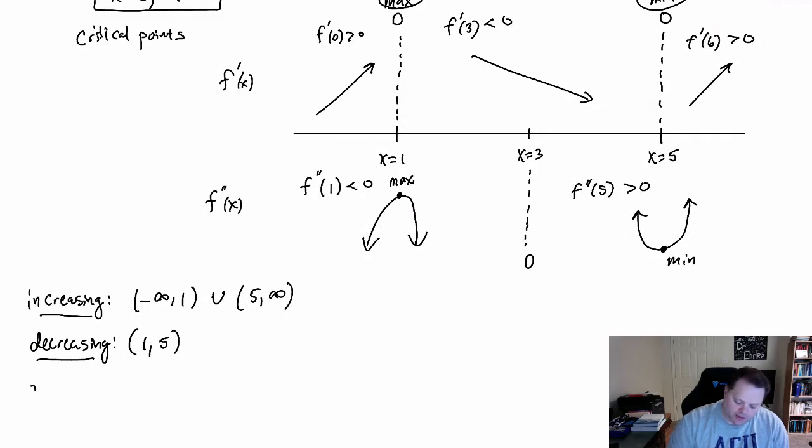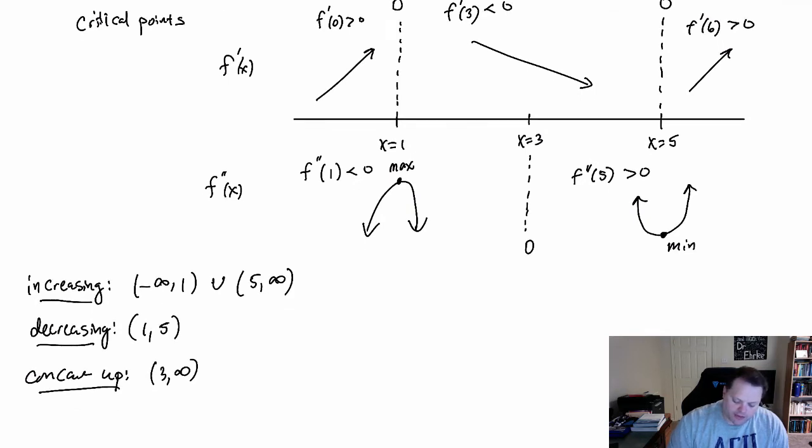The function is concave up. So looking at its second derivative, concave up over here. So that's from 3 to infinity. And the function is concave down from negative infinity up to 3.